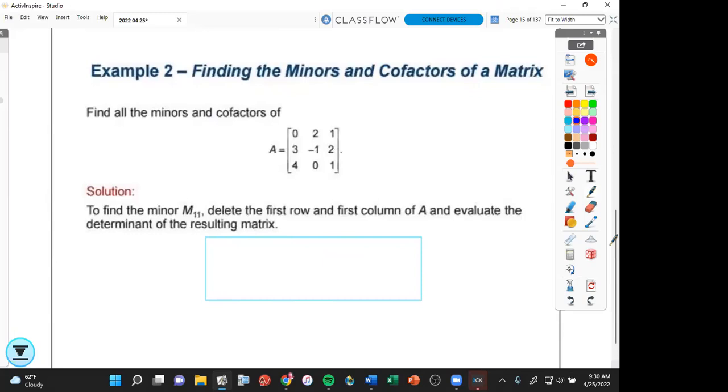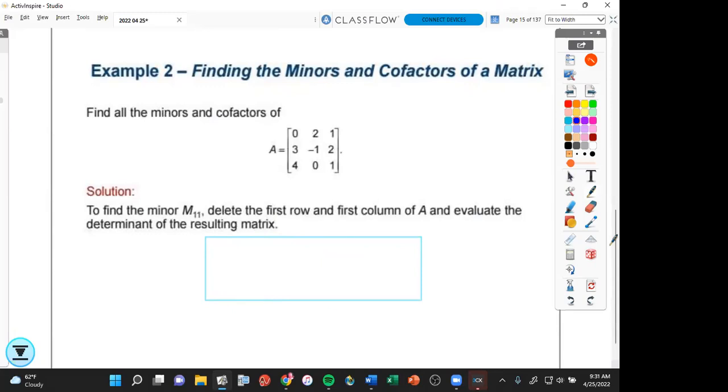Find all the minors and cofactors of A. There are 9 minors. There is a minor for every cell. Let's say that I wanted to start with row 1, column 1.